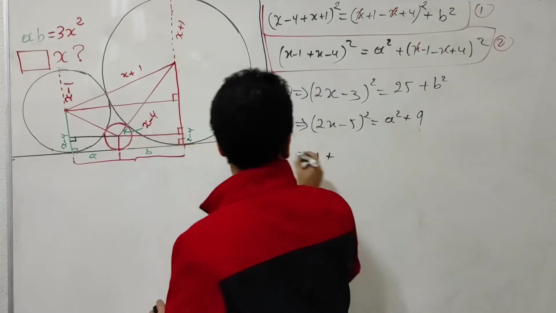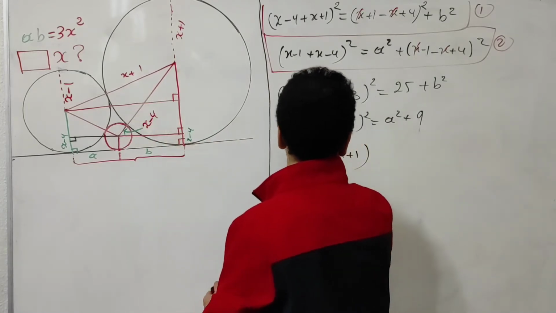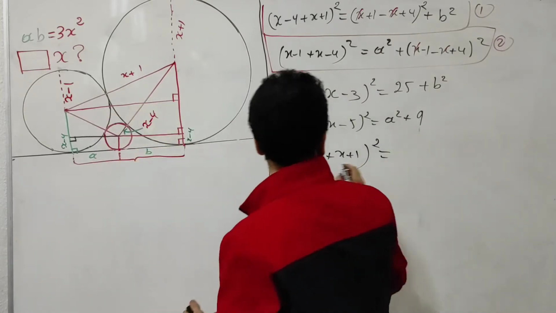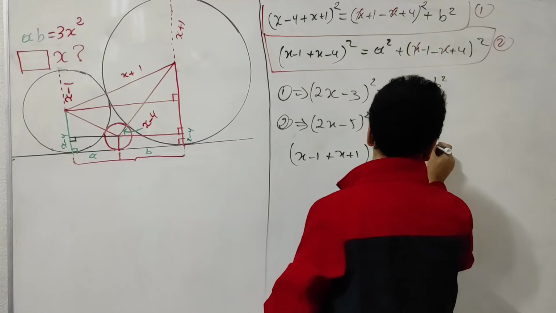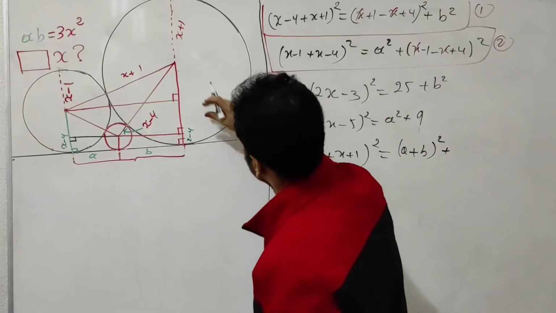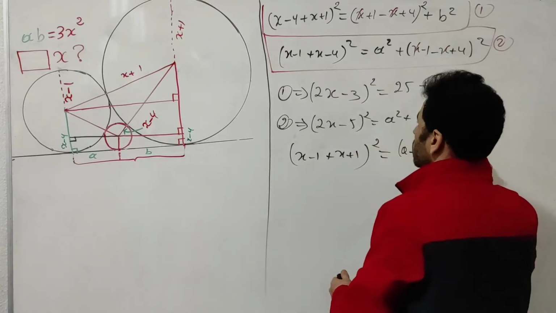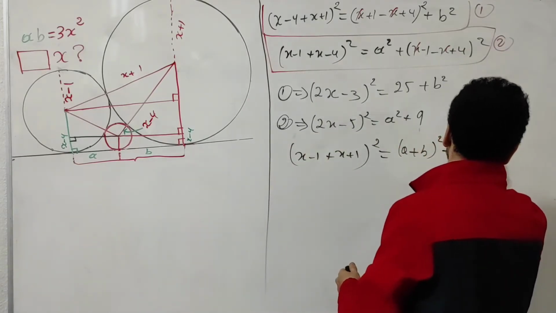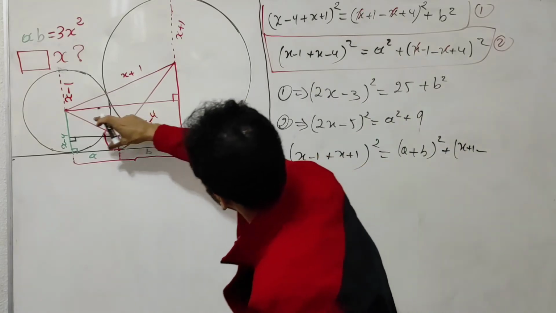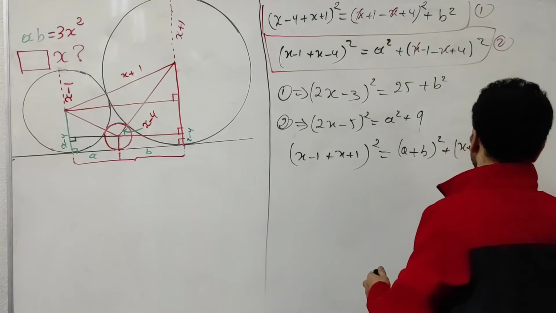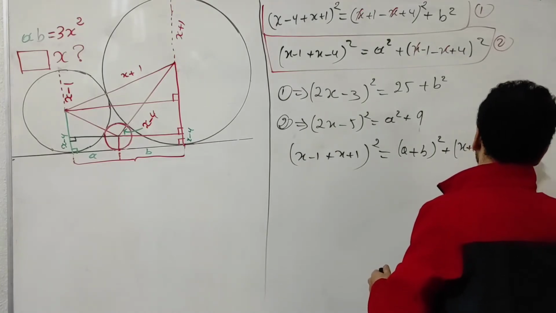Plus x plus 1, quantity squared, equal to this distance, which is a plus b, quantity squared, plus this distance, which is the radius of this big square, x plus 1, minus the radius of this middle square, minus x, with this minus becoming plus 1, quantity squared.